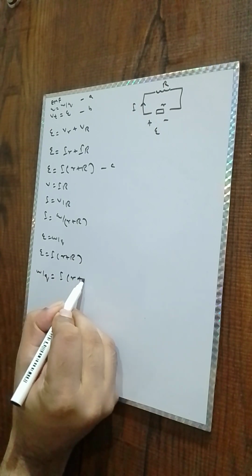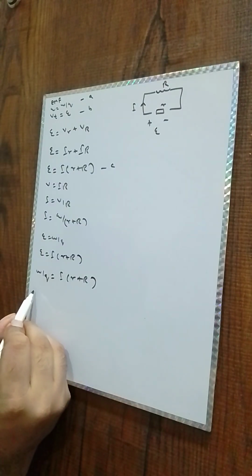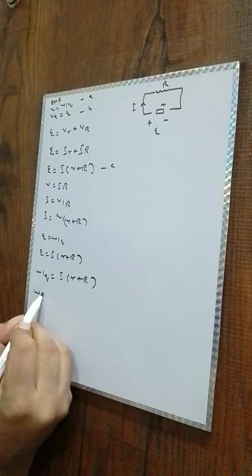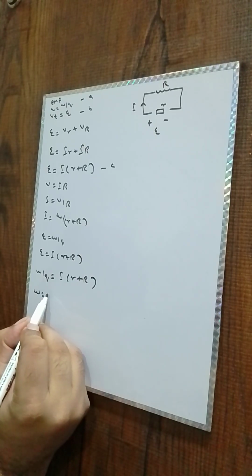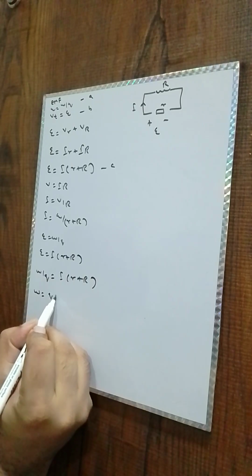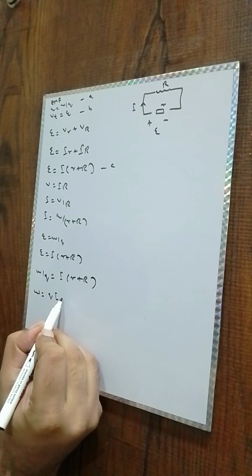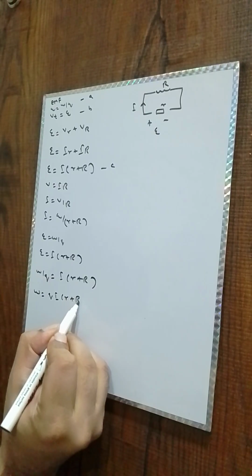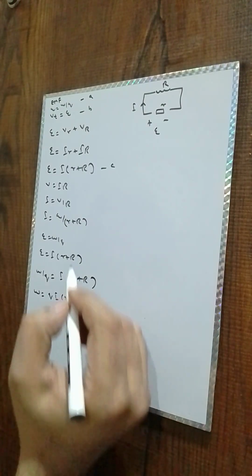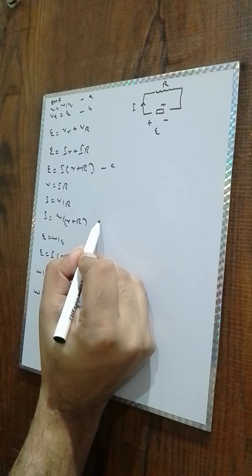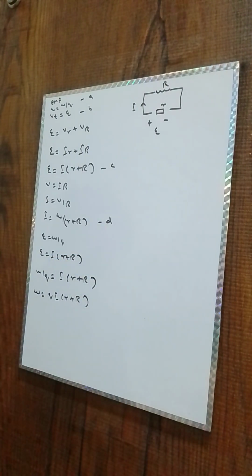Work by charge is equal to current into small plus big resistance. What we get is work in the EMF situation, electromotive force, charge times current, small plus big resistance. This is an extension, not a basic version of the equation. For the basic version, we should stop here, let's say.